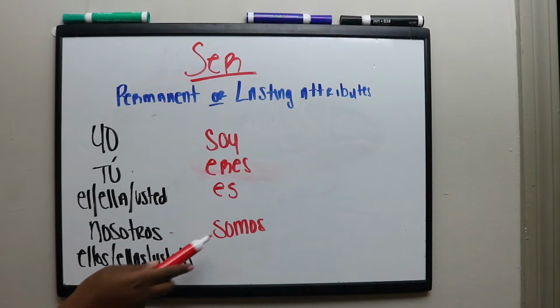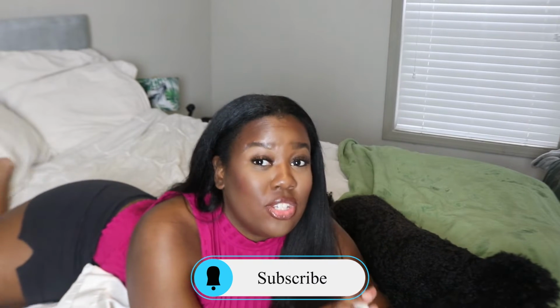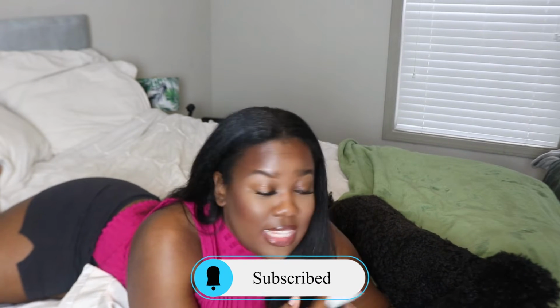The nosotros conjugation of ser is somos. And the ellos, ellas, y ustedes conjugation of ser is son. Okay? So in English, that means I am, you are, he, she is, we are, they are. So make sure you understand the conjugations when using these, as well as when to use them in whatever situation.